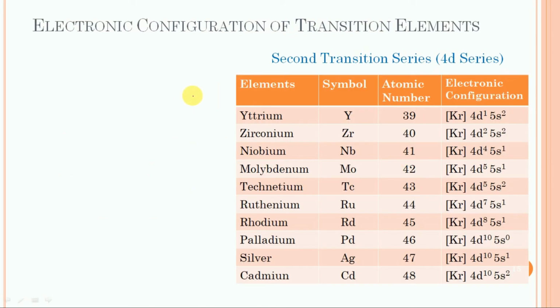The second transition series starts with the filling of 4d orbitals with 1 electron from yttrium onward, and goes up to cadmium with 10 electrons. So cadmium has 4d10 electrons.